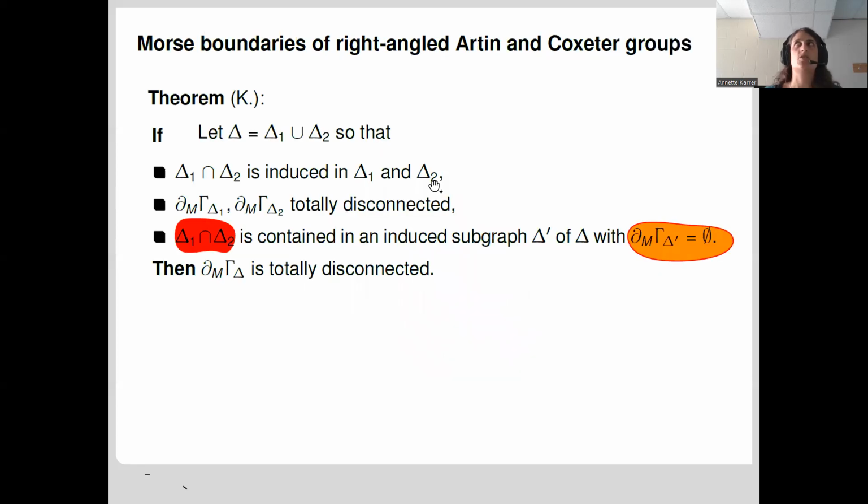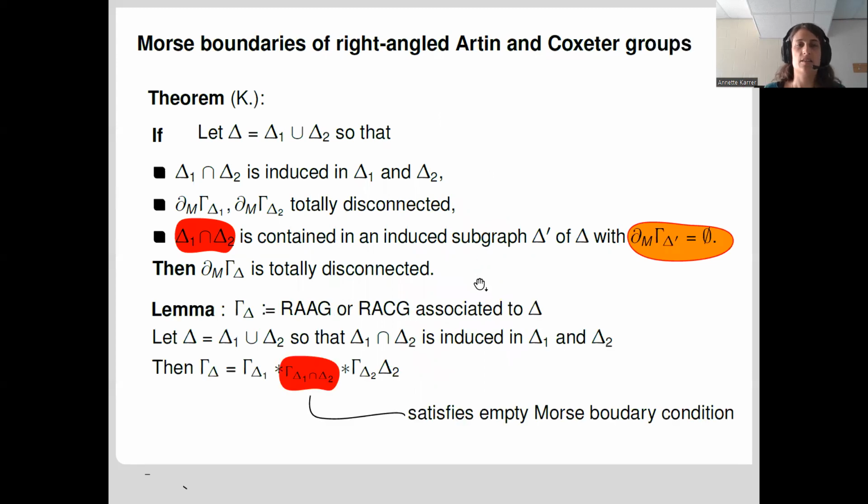So now we saw that the situation is quite different in the case of right-angled Artin and Coxeter groups, but in both situations, the decompositions of the graphs tell us a lot about the Morse boundaries of the groups. And it's interesting now to understand why. So what is going on here? The important point is to notice that if we have such a nice decomposition of the graph, this gives us a nice splitting of the group.